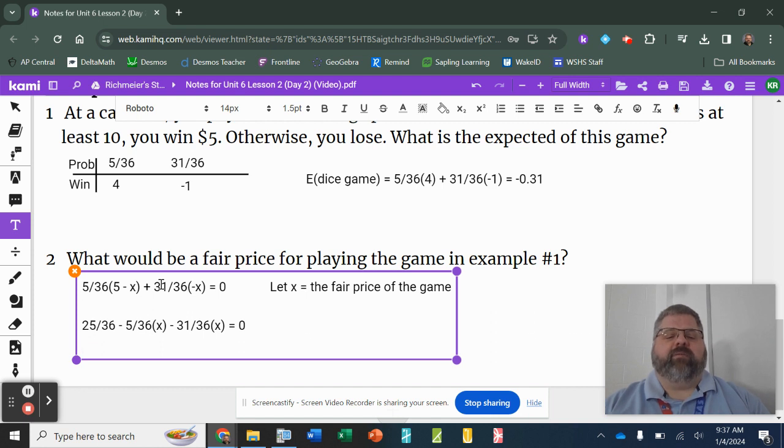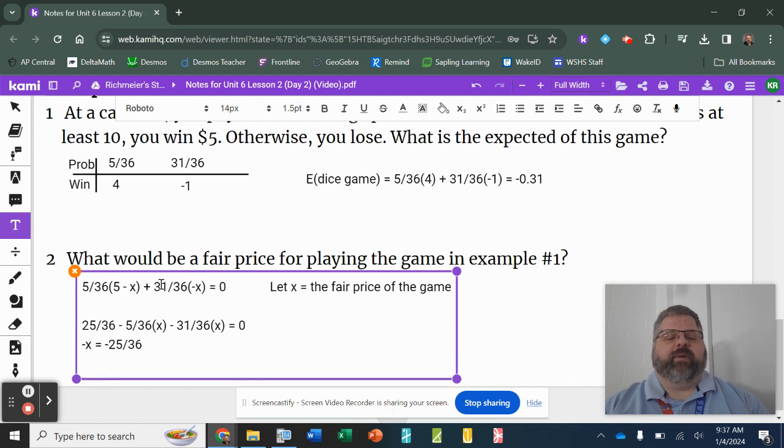So if I solve this, I combine my x's. This is going to give me a negative x. And then I use the subtraction property of equality to bring the 25 over 36 to the other side of the equation. It's going to be equal to negative 25 over 36. Solving this, I would use my division property of equality.